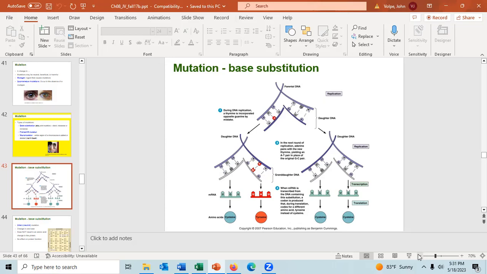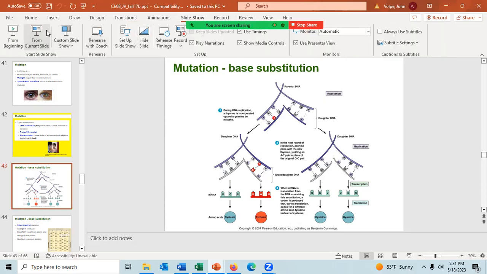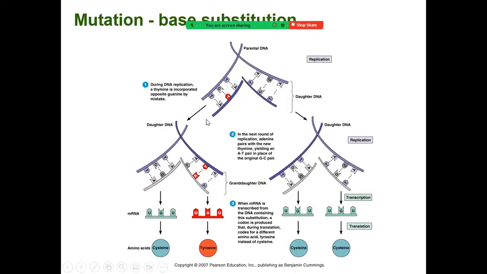All right, so let's talk about a base substitution. This is where a nucleotide gets replaced. Let me see if I can blow this up. So normally we have TGT. So we normally see A, C, A, like over here.